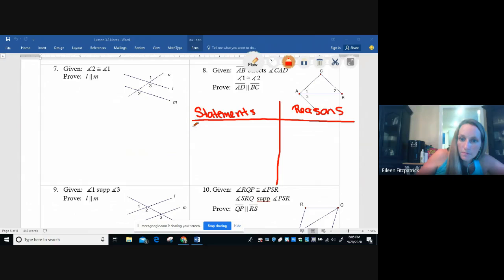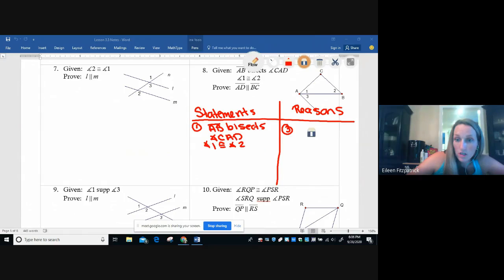All right. You're told that AB bisects, cuts in half, angle CAD, and you're also told that angle 1 is congruent to angle 2. That's all given information. Oh, I don't know why I wrote a 3 there.